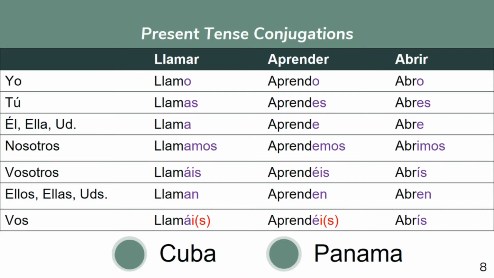You might say it, you might not. For example, instead of saying llamas, it would be llamái or llamáis. And for aprender, instead of aprendes, it would be aprendéis or aprendéi. But the IR verb ending is basically still í-s.